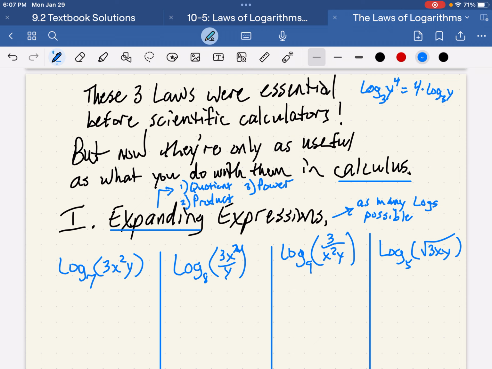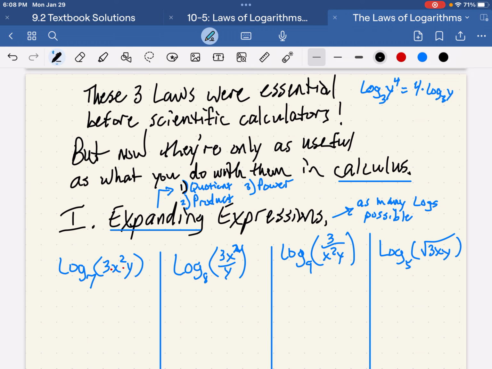Look at our first example, log base 7 of 3x squared y. Notice that that's essentially 3 times x squared times y. So we have products and we have an exponent. We do not have a quotient, so the quotient rule doesn't apply to this first example.